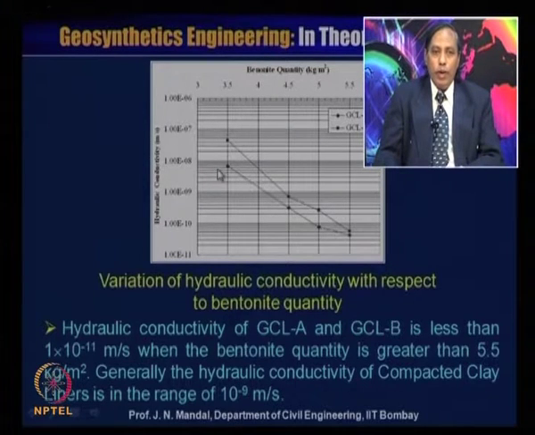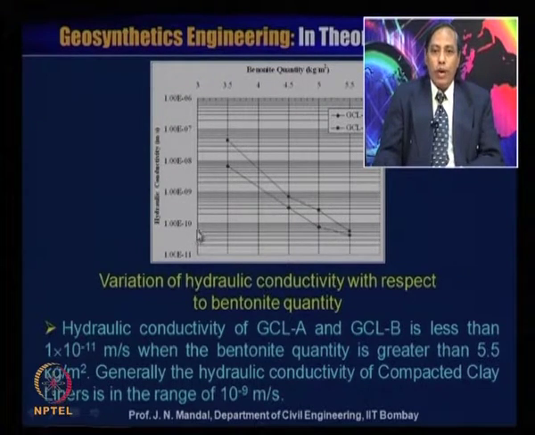So, this is for the GCL sample A and also GCL sample B. You can observe from this figure that hydraulic conductivity of the GCL A and the GCL B is less than 1 into 10 to the power minus 11. Here you can see 1 into 10 to the minus 11 meter per second.